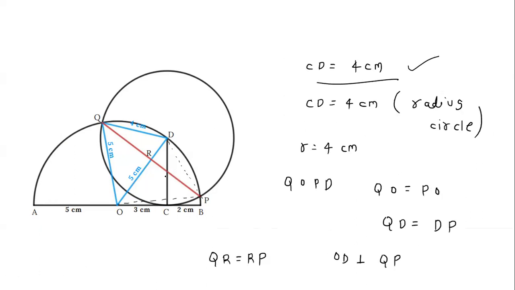We find this length, and this is the radius of this circle, because D is the center point and C is lying on this circle.